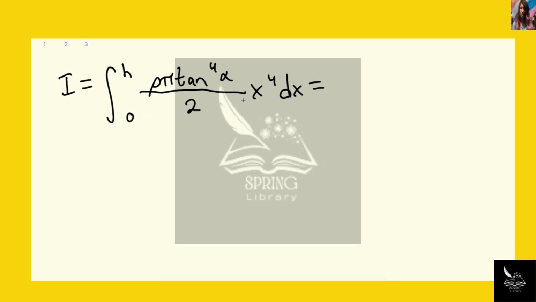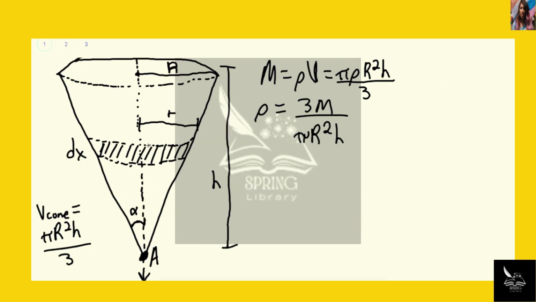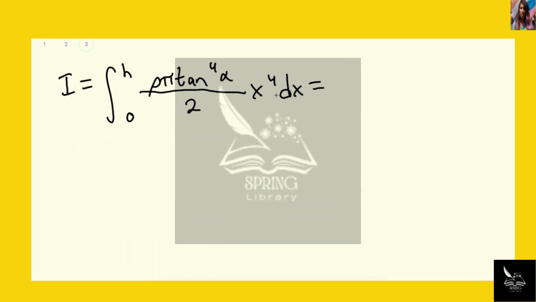Now this is only because we have dx here. So in order to find the true moment of inertia, we integrate this from 0 to the full height of the cone. We simply have to integrate the full length of the cone with respect to x, and we would find the moment of inertia.